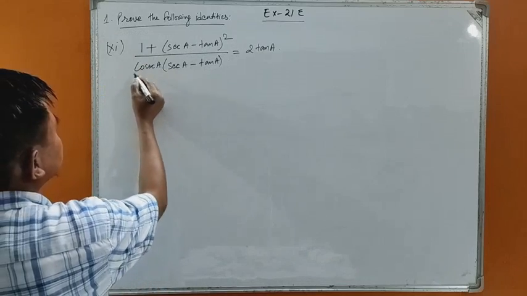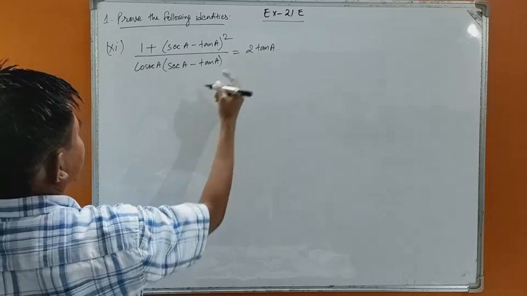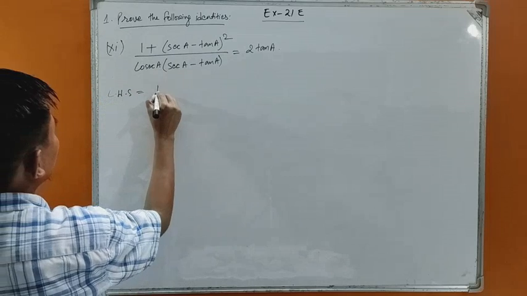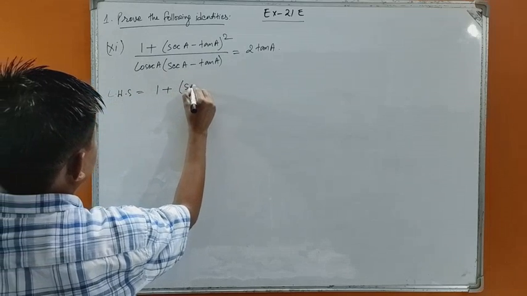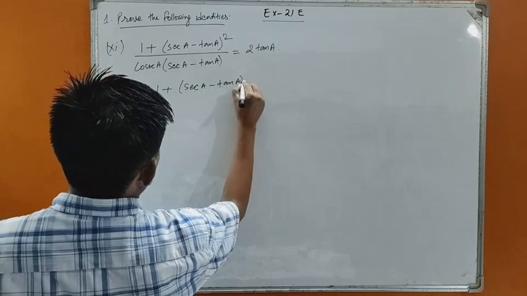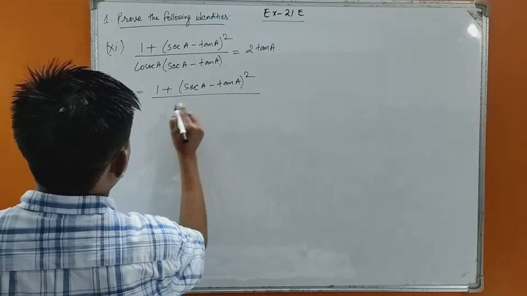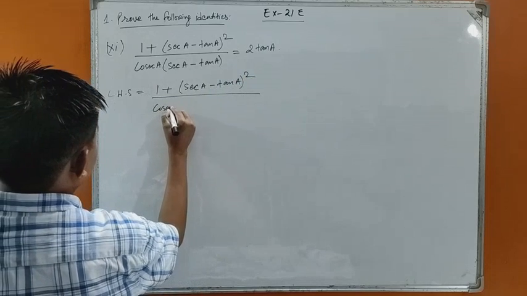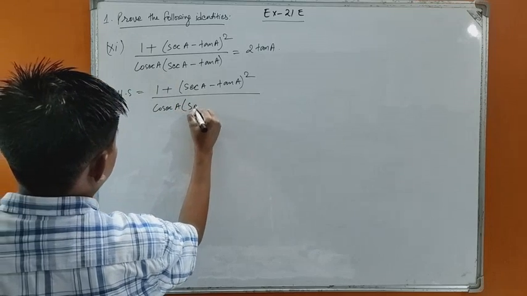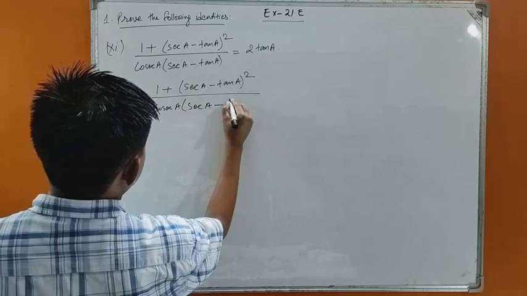So we are asked to prove this equals 2 tan A, isn't it? So let's copy the left hand side. LHS equals (1 plus sec A minus tan A) whole square, whole upon cosec A into (sec A minus tan A).